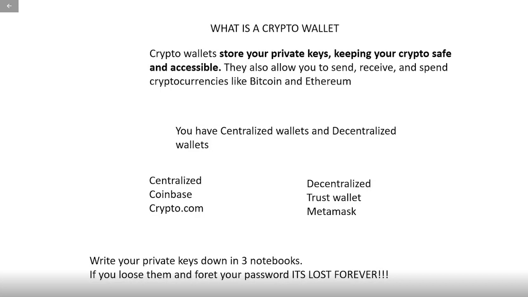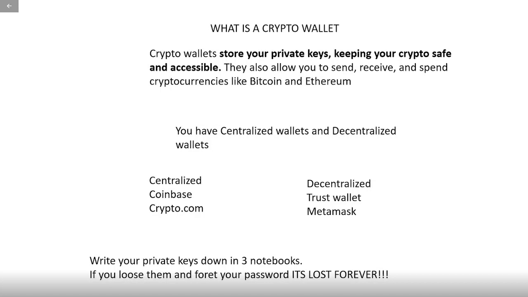Crypto wallets also allow you to send, receive and spend your cryptocurrency, such as Ethereum, Bitcoin, or USDC, which is a stable coin, which we'll get into later on. The wallet stores your crypto assets.